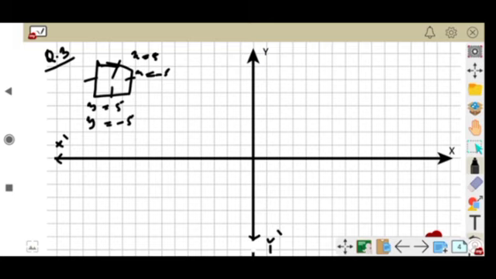Normally you have to label 1, 2, 3, 4, 5, 6, 7, 8. You have to label it, but 1, 2, 3, 4, 5, yeah, this is actually 5. Like that, you have to even label minus 1, minus 2, minus 3, minus 4, minus 5, minus 6, minus 7. Okay, minus 1, minus 2, minus 3, minus 4, minus 5.